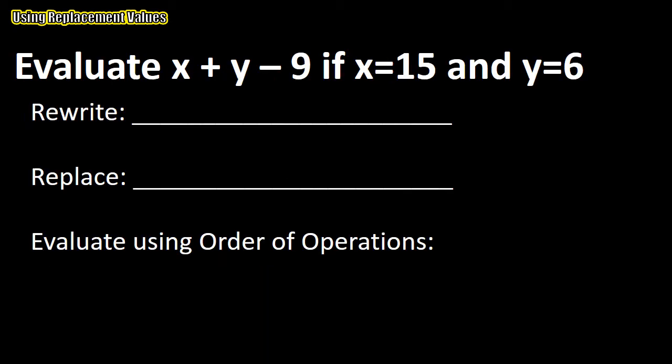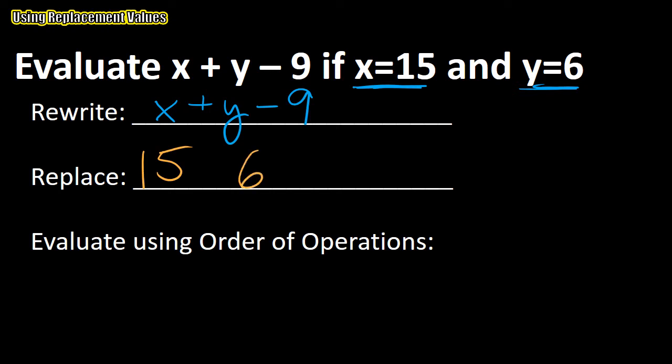Here we're given this example. It says evaluate x plus y minus 9 if x is equal to 15 and y is equal to 6. I'm going to write out everything that I know, and then replace x and y. So x is 15, and then y is 6. I'm going to write in everything else that I know.